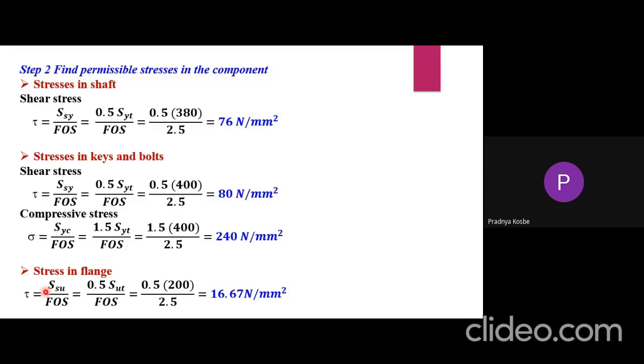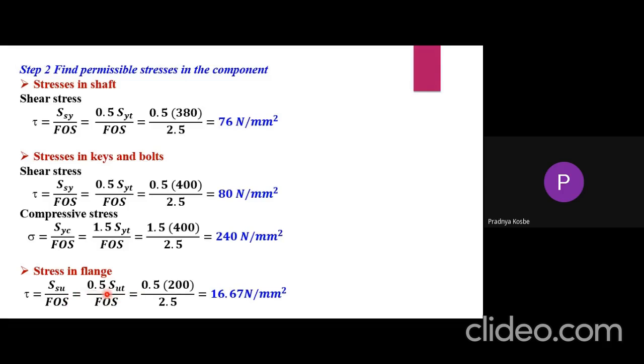And finally, permissible stresses in a flange. Tau is equal to SSU divided by factor of safety. This SSU is shear ultimate strength under shear, and it is 0.5 times ultimate tensile strength, that is SUT.